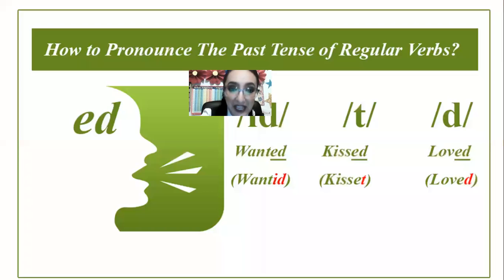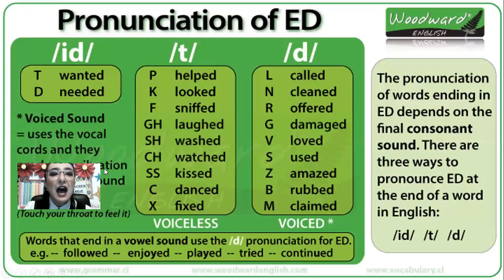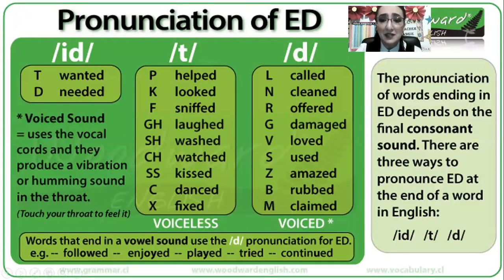But fortunately, we were saying that there are some tips or some letters that are going to be helping us to know where I am going to be using the id sound, the t sound, and the d sound.